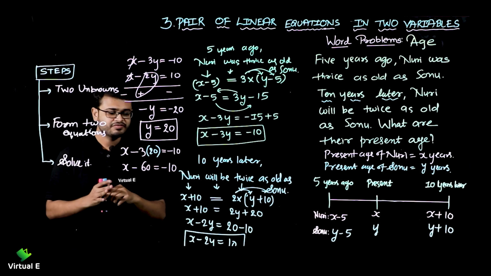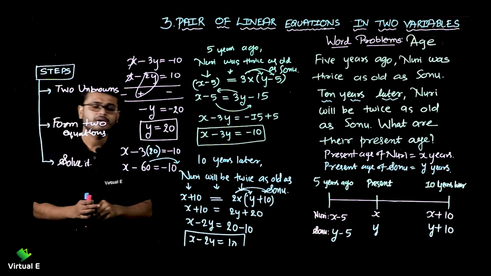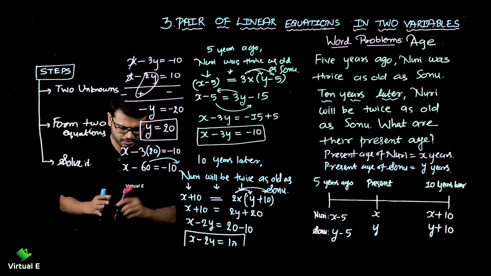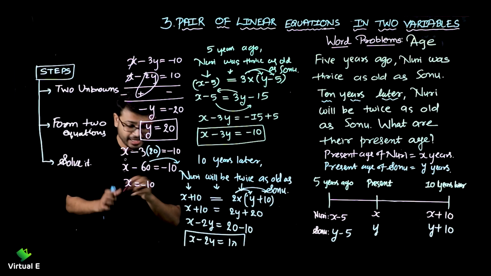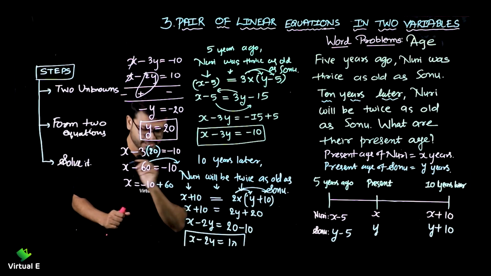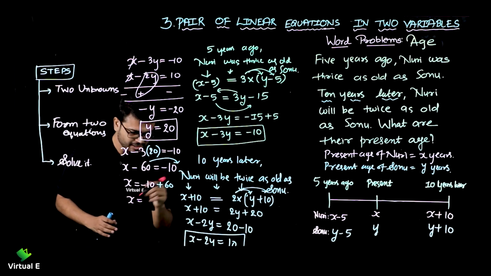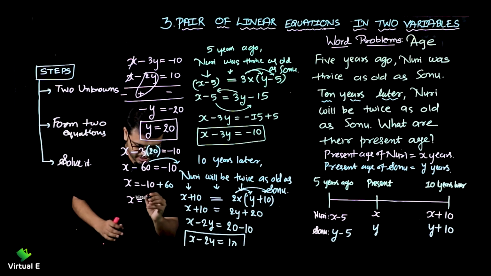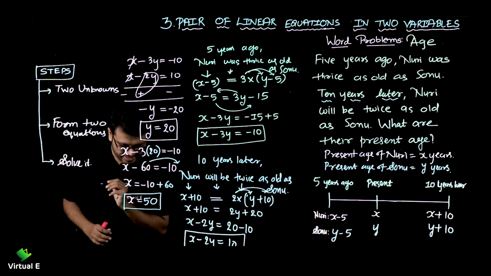So I will be shifting this minus 60 over to this side, so it will become positive. So x is equal to minus 10, and this minus 60 is plus 60. So x is equal to minus 10 plus 60. So the answer is 50. So my solution for x is 50.